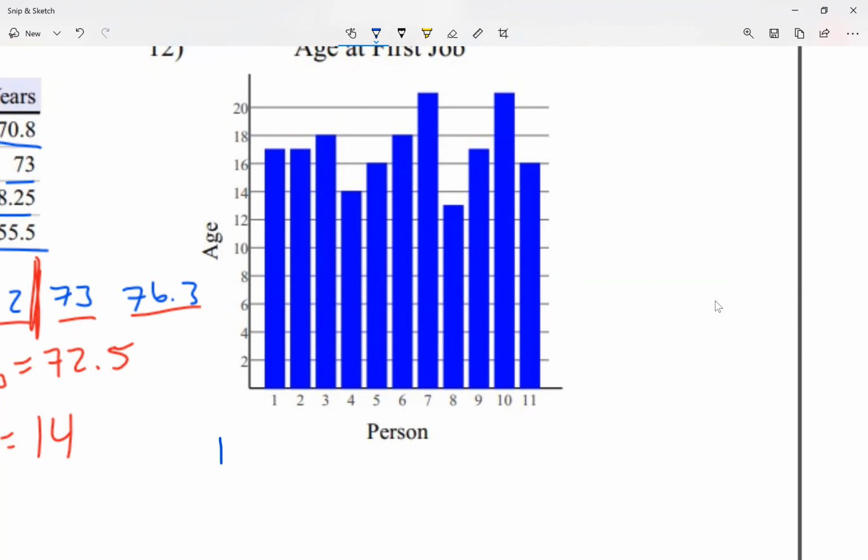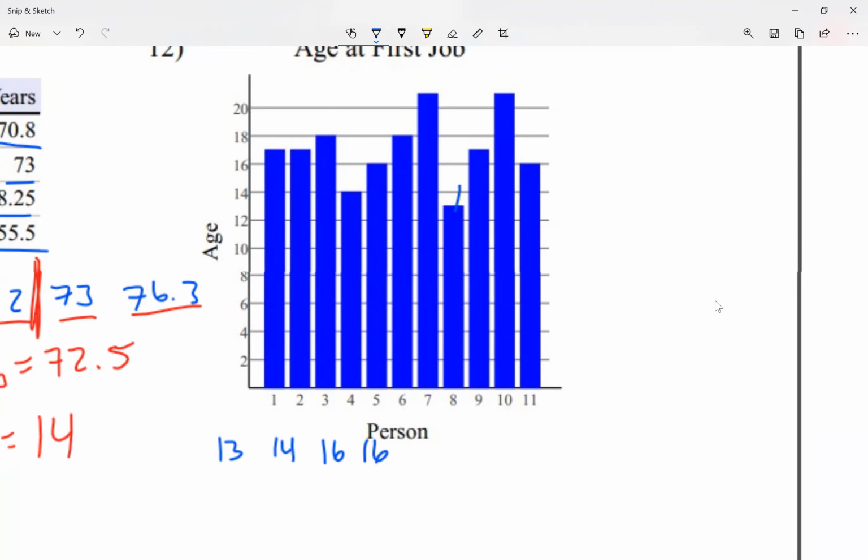So my smallest number is 13, right? This one. And then I have 14. And then do I have any 15s? No. Do I have any 16s? Yep, 2 of them. So 16, 16. Do I have any 17s?